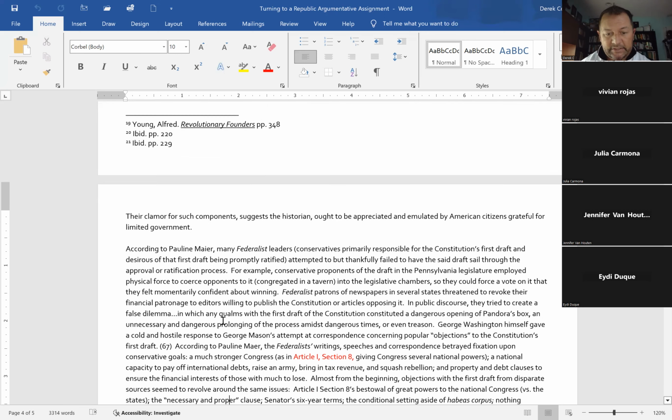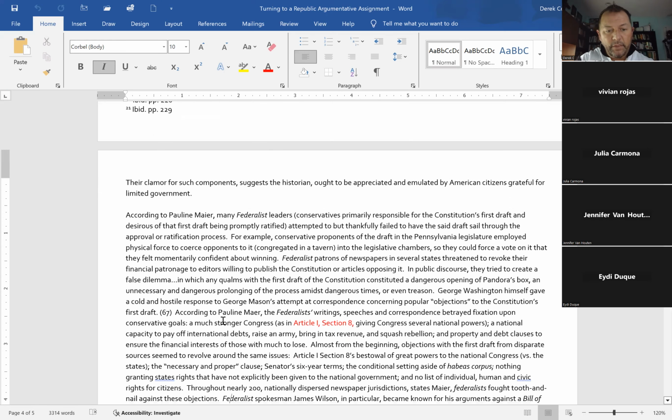So she contends that a lot of the most enlightened, the most liberal inclusions in the Constitution were not originally there.